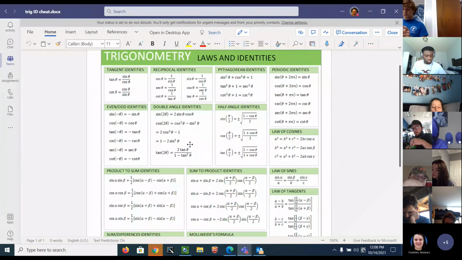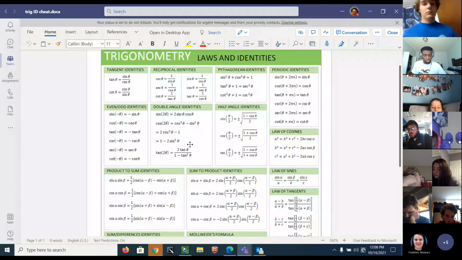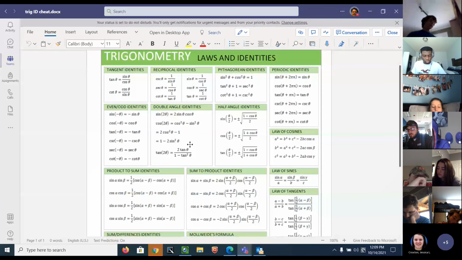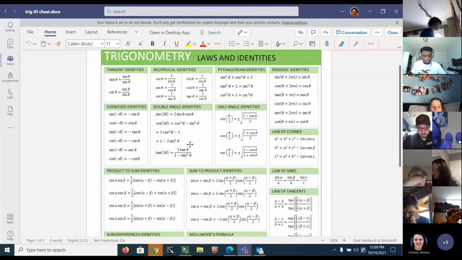So I'm going to give you that hint. They want to know the cosine of 67.5. Well, 67.5 times 2, which is the opposite of dividing by 2, is 135. So use that to help you start this problem.